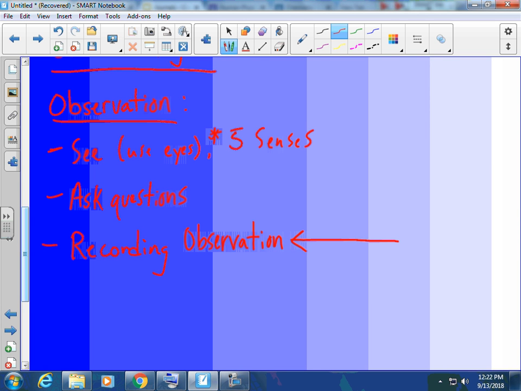Now, when we record observations, what kind of things do we want to pay attention to or be careful, make sure that we're doing? Looking for changes. Good. So we're looking for changes. And we're recording. What's the purpose of recording in the first place?